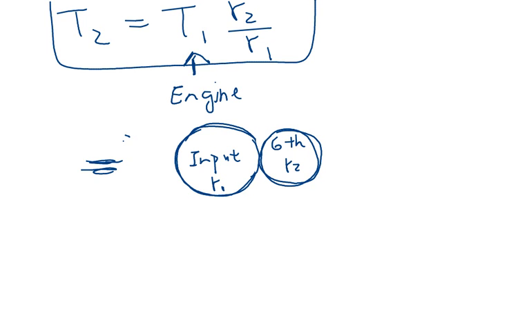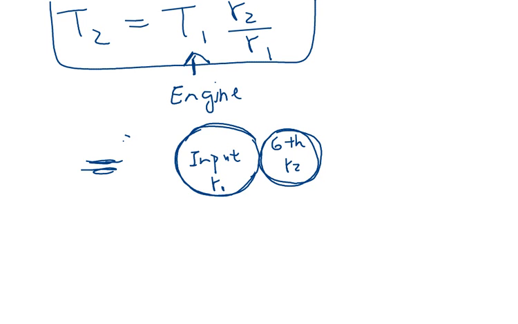If it's a manual transmission car, you just shift down 1 or 2 gears, sometimes even more, to a lower gear so you can get that extra torque to pass the car in front of you. So that's torque. That's how you multiply torque and how you decrease torque between the input and the driven gear.